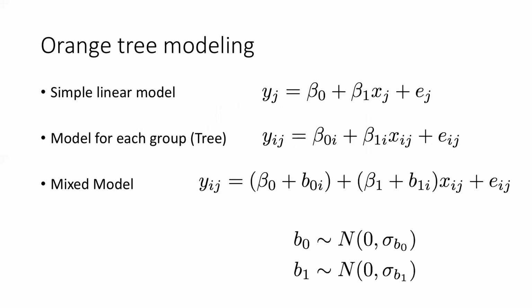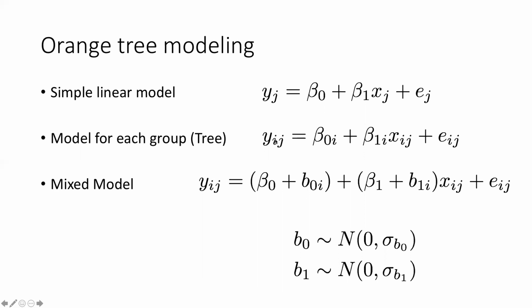So in terms of what these models look like, for the model for a simple linear regression, j indicates the different observations. We have beta 0 and beta 1 as the parameters in the model. And we have one single estimate for beta 0, one single estimate for beta 1. We have our covariate, which could be time in this case, and we have our errors.